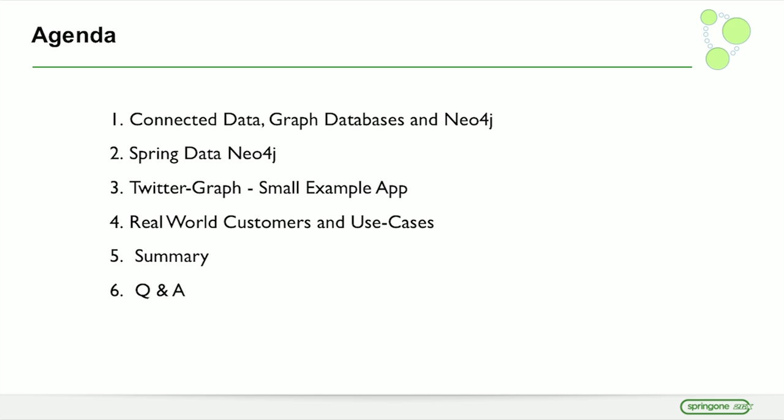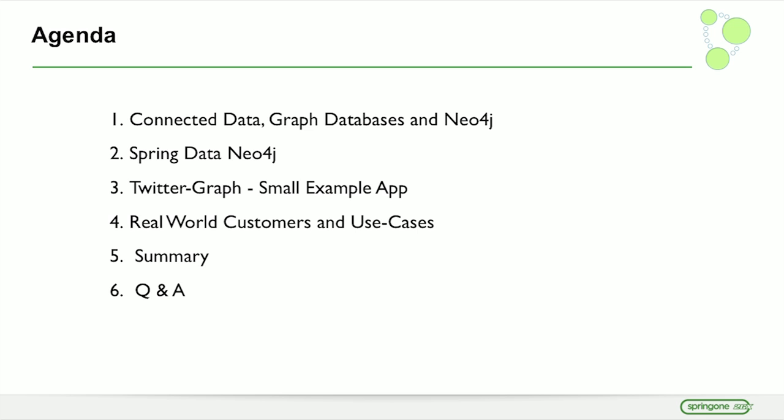So today I want to speak about connected data, graph databases in general, and Neo4j. A bit about Spring Data Neo4j, give a short introduction, show you a very small example app, which is a Twitter app. But not the usual Twitter app, where you rebuild Twitter, but you consume Twitter data and derive some insights from that.